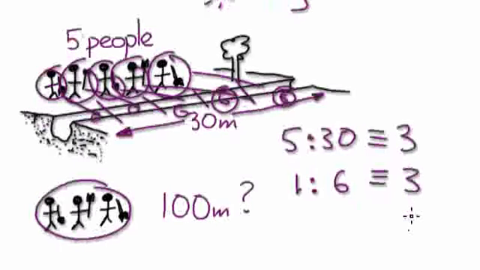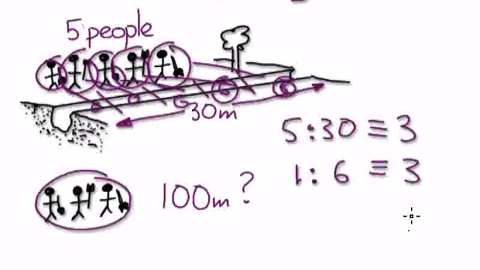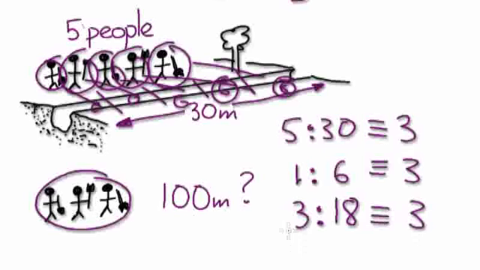Okay. Again, you're reasoning here. Now, if one person can dig 6 meters in 3 days, then 3 people can dig 18 meters in 3 days. Okay. Now this, well, you just got to accept this here.